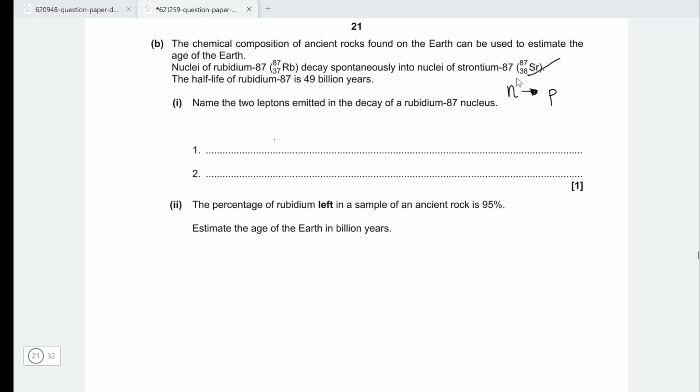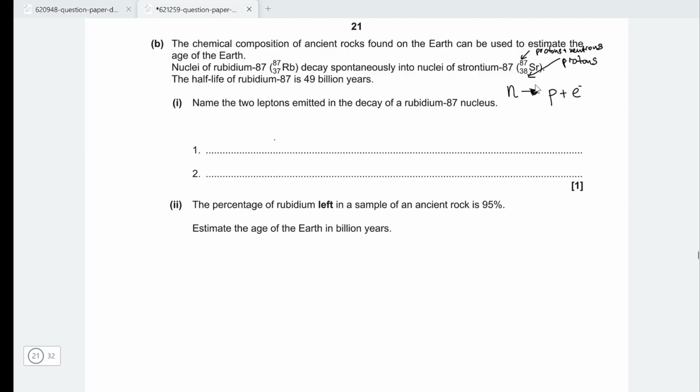Remember, this over here is your total number of protons, whereas this number here is protons plus neutrons. So if a neutron turns into a proton, the charge on the left is 0 because the neutron has no charge. The charge on the right has got to be 0, so we get an electron as well.